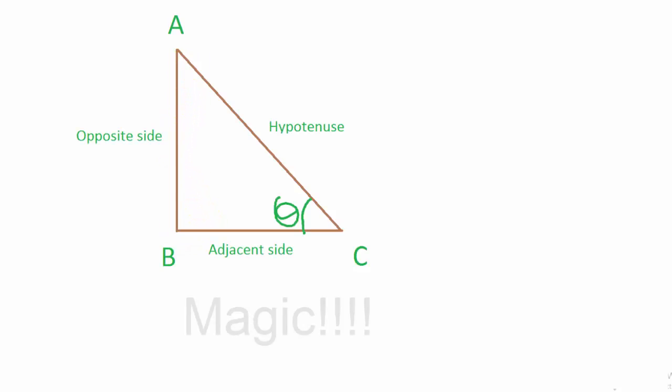Okay, to make it more understandable, I'm gonna do something like this. First, as you can see, sine theta is equal to opposite side divided by hypotenuse.